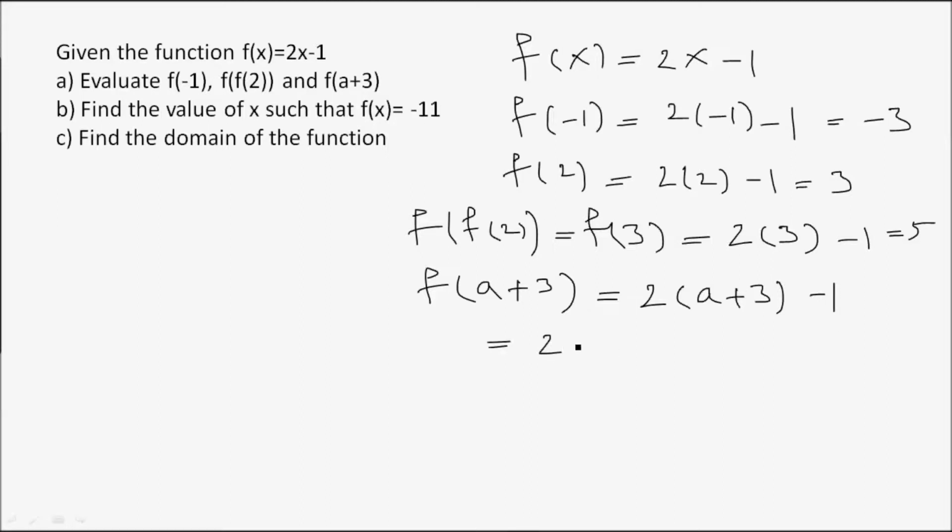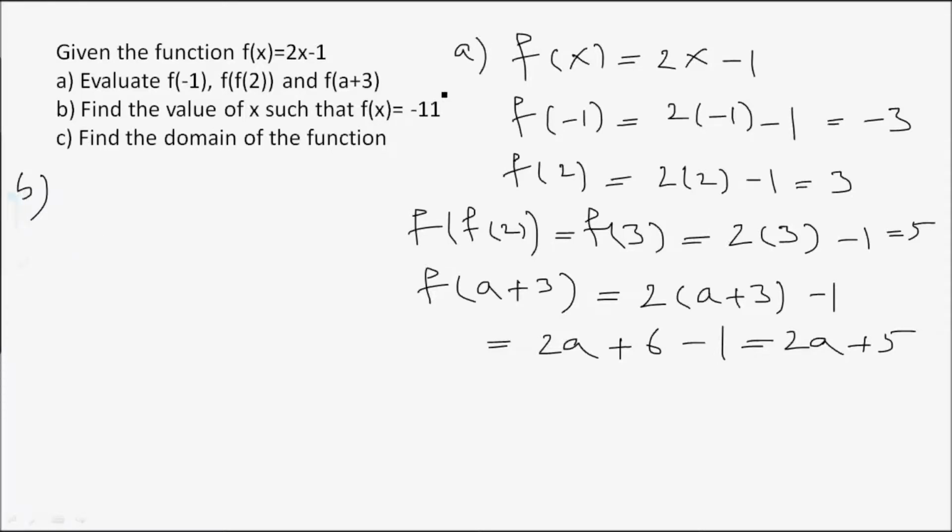That will give us 2a plus 6 minus 1, that is 2a plus 5. So that was for part A.